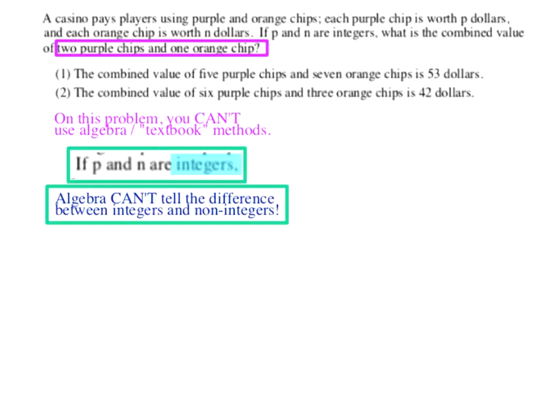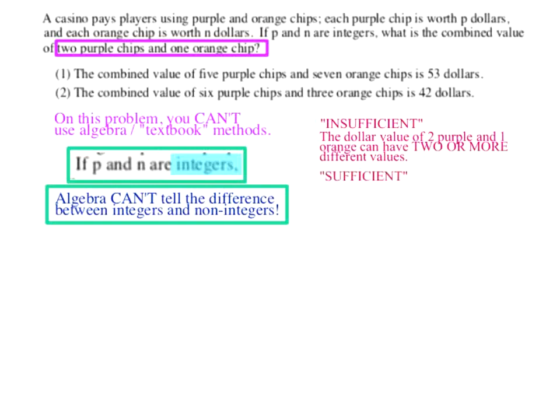Before we start, we need to define what sufficient and insufficient mean too. Insufficient would mean that the combined dollar value of 2 purple and 1 orange can have 2 or more different numerical values.